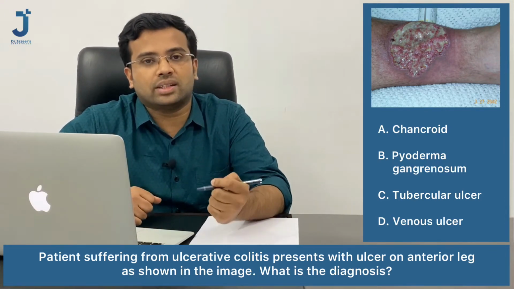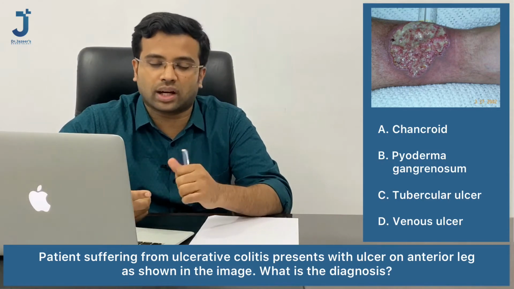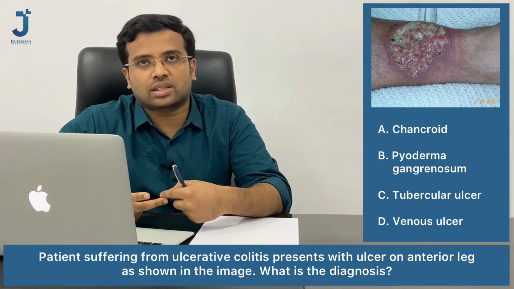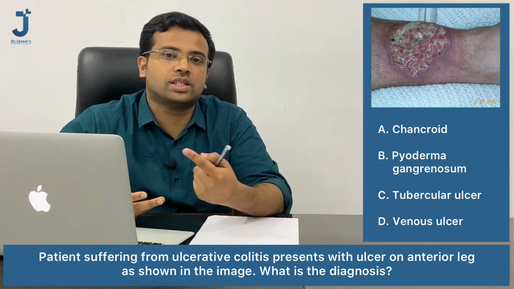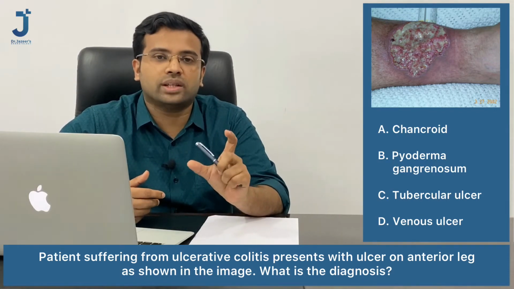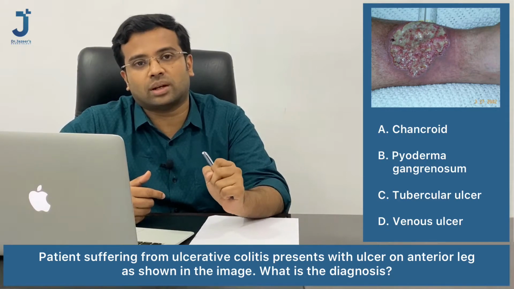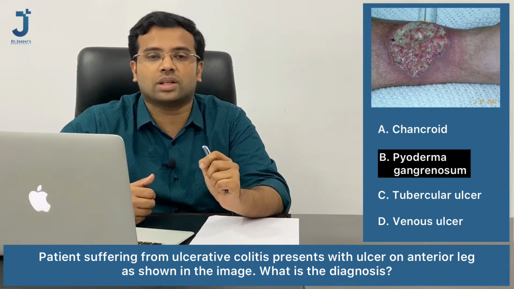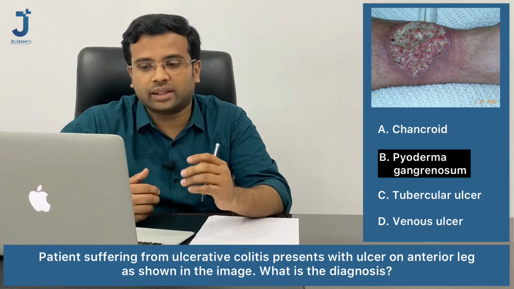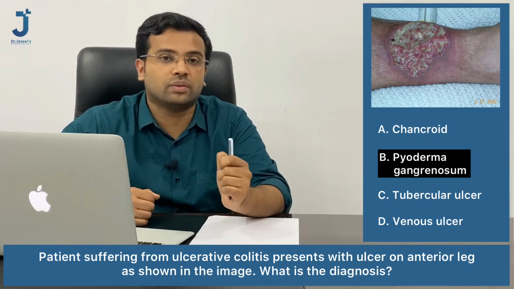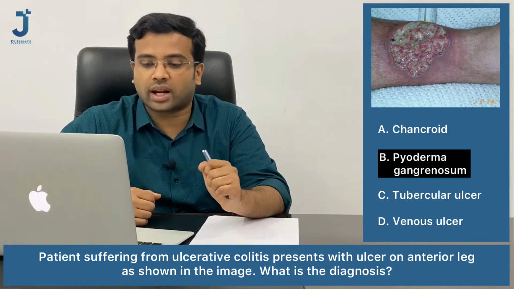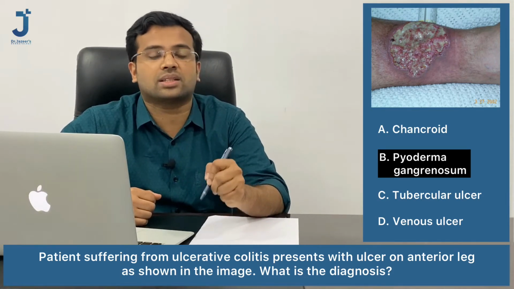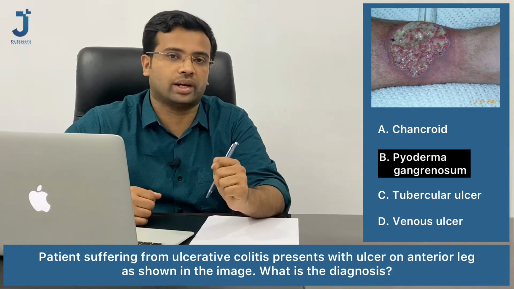Which disease is closely associated with ulcerative colitis, rheumatoid arthritis, or some hematological malignancies? All these are closely associated with pyoderma gangrenosum. Pyoderma gangrenosum is a neutrophilic dermatosis, and in this case we treat the patient with steroids. So the right answer here would be pyoderma gangrenosum, because this ulcer is associated with ulcerative colitis.